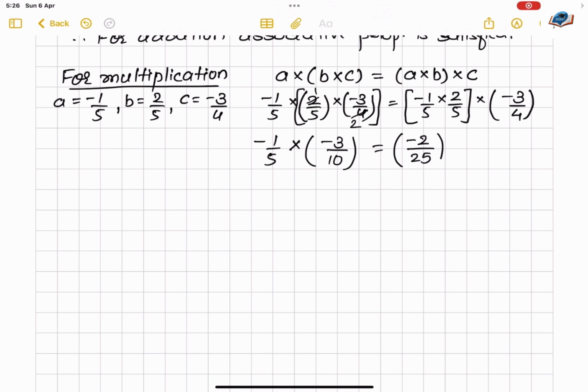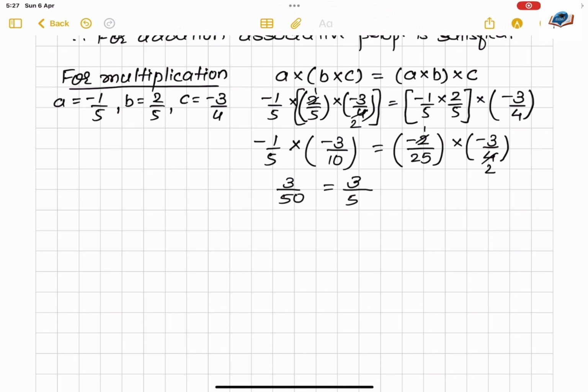Into minus 3 upon 4. So 2 ones are, 2 twos are. In the next step I will get cut. So minus into minus is plus. So 3 upon 50, and here minus 1 into minus 3 will be 3 upon 25 twos are 50.